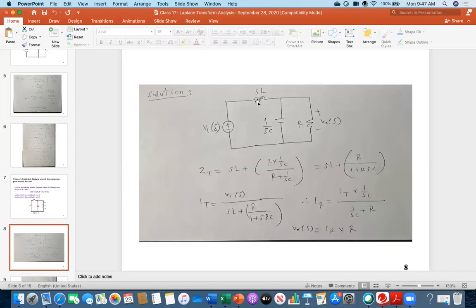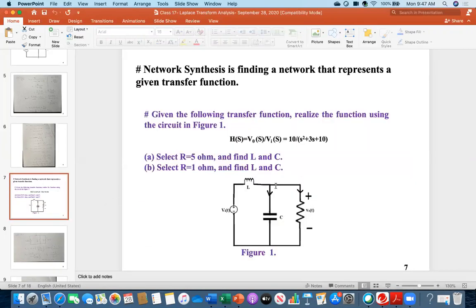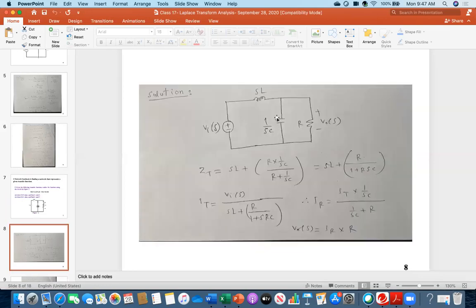And for the capacitor, 1 over sC. And you see, there is no initial condition mentioned, so you need not worry about taking the initial condition into account, meaning we neglect initial conditions. So that's why L will be sL and C will be 1 over sC. That I did. And R is as it is.